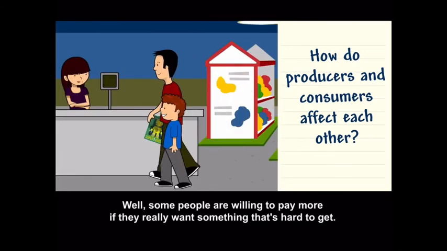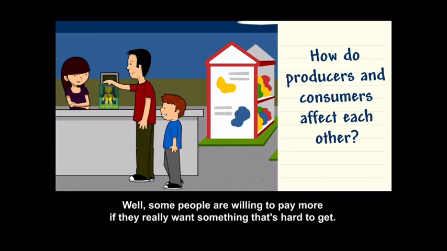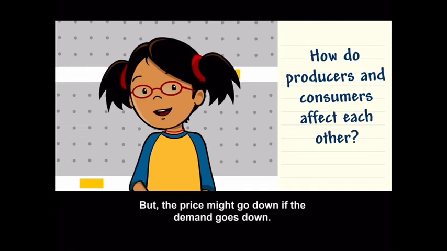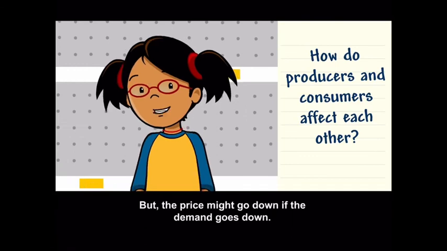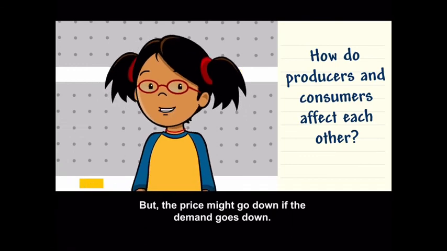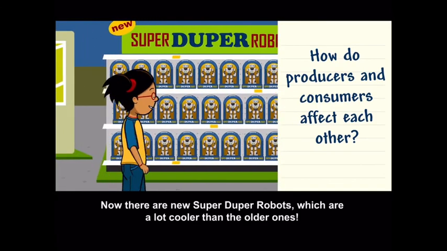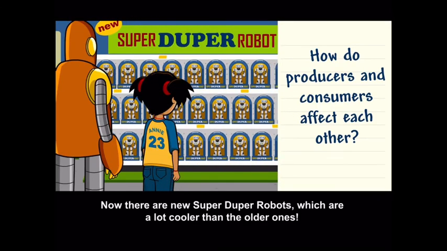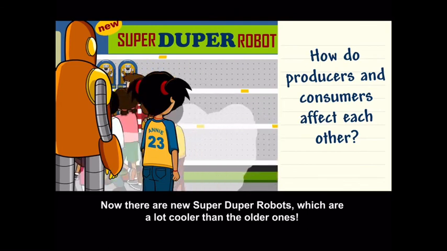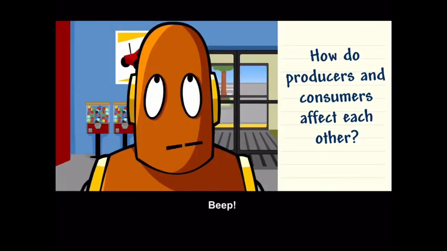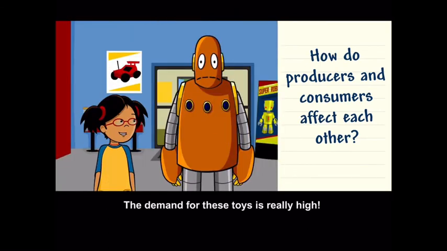Some people are willing to pay more if they really want something that's hard to get. But the price might go down if the demand goes down. Now there are new super duper robots, which are a lot cooler than the older ones. The demand for these toys is really high.